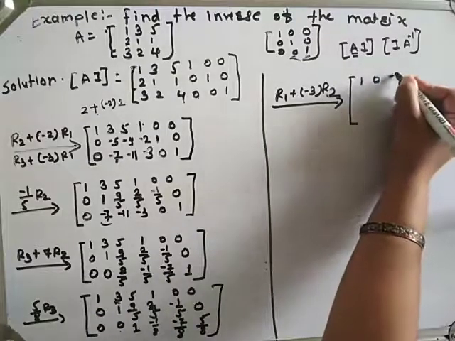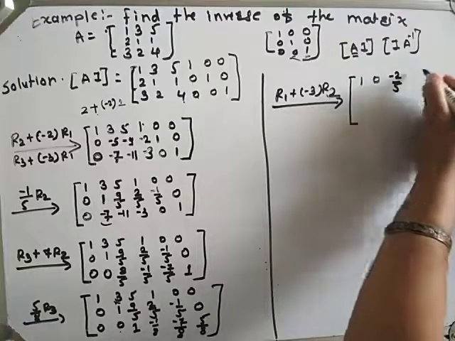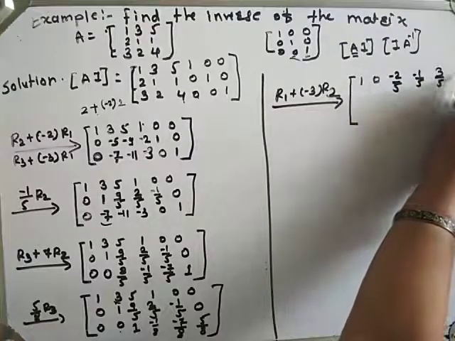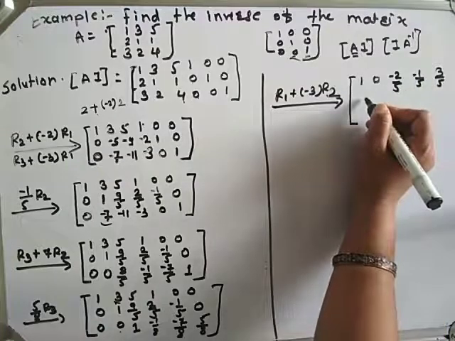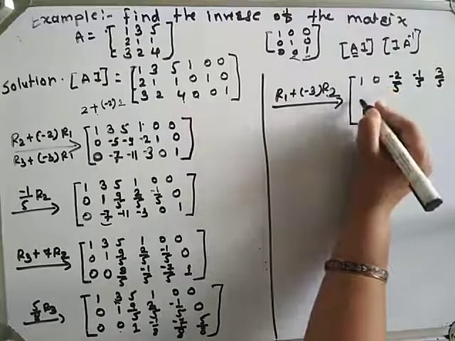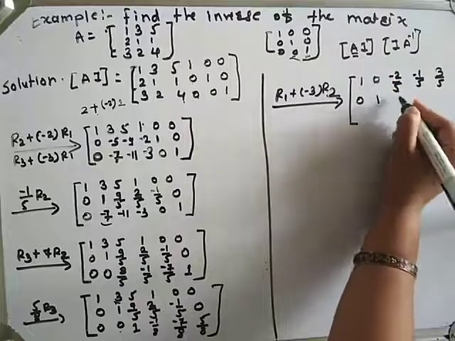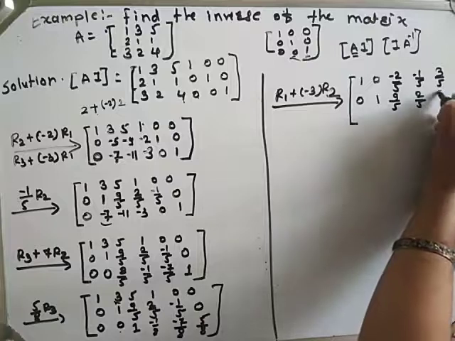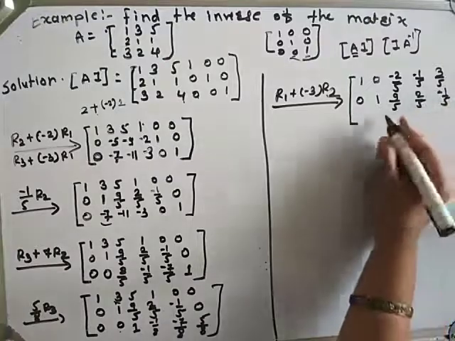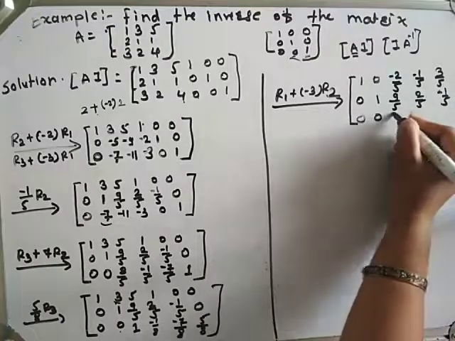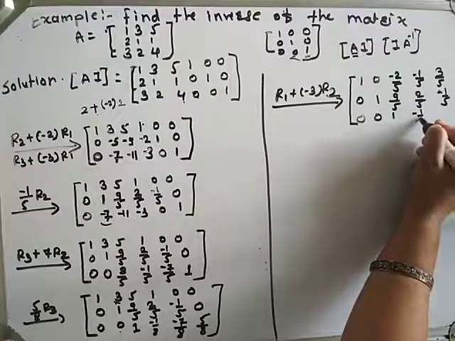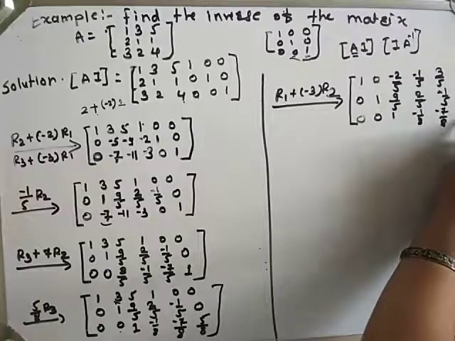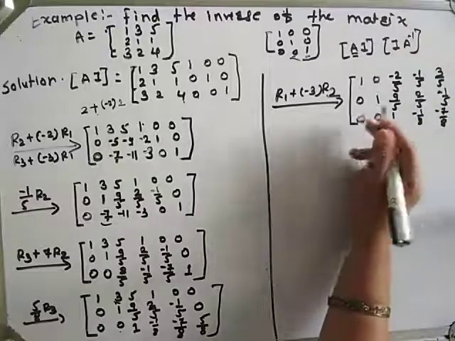The next entries are minus 2 upon 5, minus 1 upon 5, 3 upon 5, 0. The second row and third row are as they are: 0, 1, 9 by 5, 2 by 5, minus 1 by 5, 0, and 0, 0, 1, minus 1 by 8, minus 7 by 8 and 5 by 8.